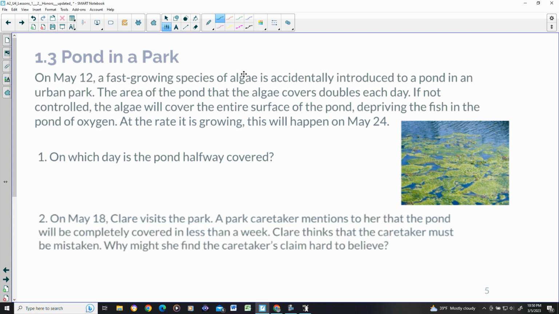Then we can assume that it doubles each day. Well, if it doubles each day, what did it double from to fill the pond? It must have doubled from halfway, right? So believe it or not, on what day is the pond half covered? May 23rd.